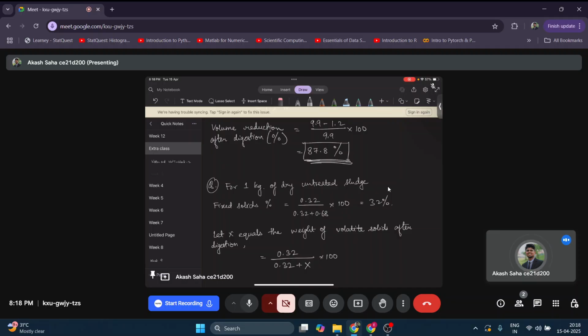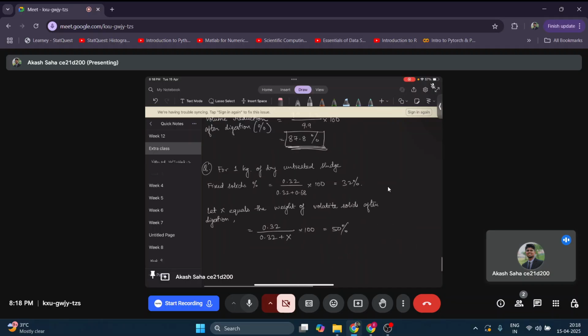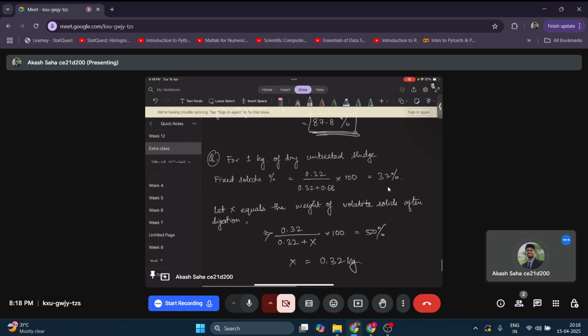So this is the X, and this we know as 50 percentage. From here we can get X as 0.32 kg for 1 kg of dry untreated sludge.